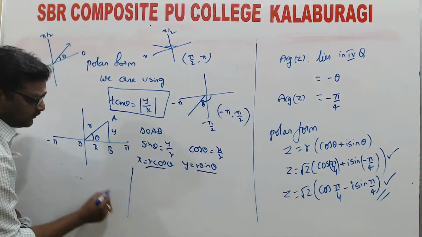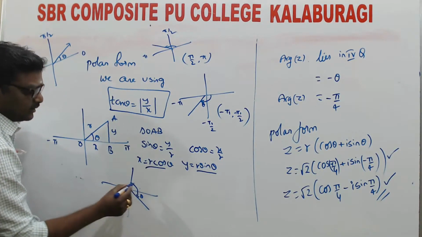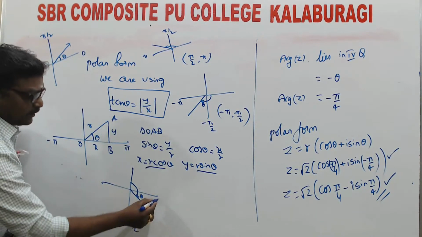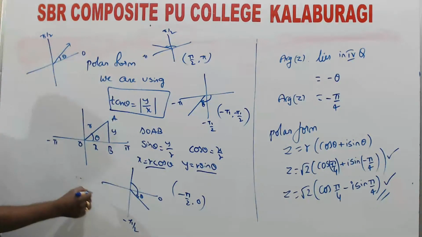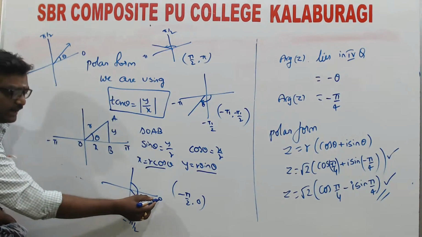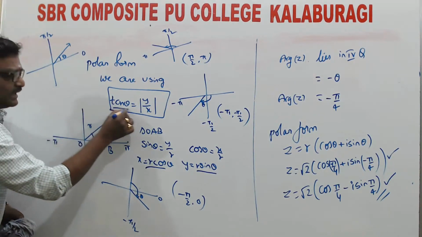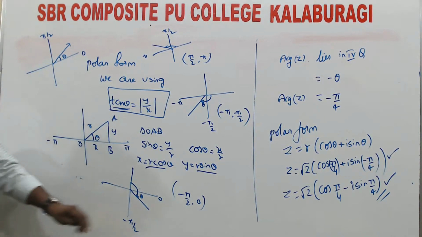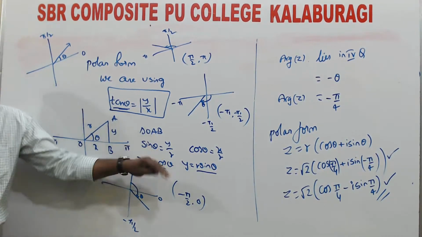Next, in the fourth quadrant, it moves from minus pi by 2 to 0. For the principal amplitude, we take rotation from minus pi to pi. Therefore, we define it as tan theta. We will take rotation in the anti-clockwise direction. We should not take the clockwise direction.